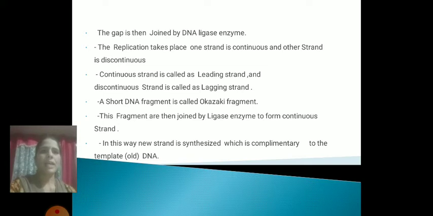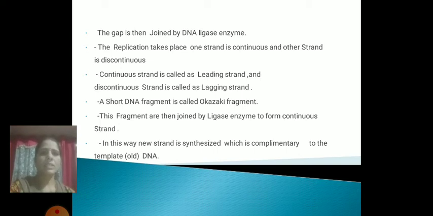There is a little gap between the DNA strands after the removal of the RNA primer. This gap is then joined by the DNA ligase enzyme.